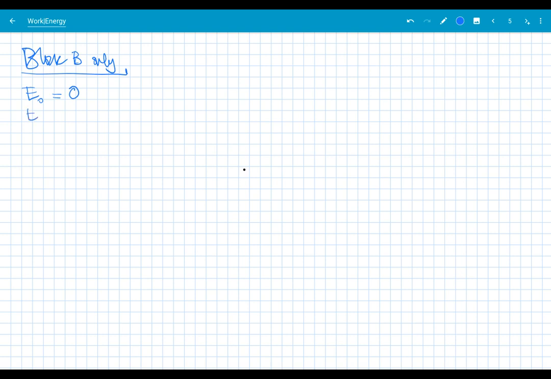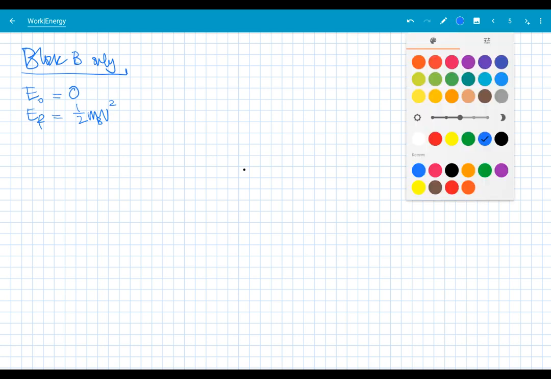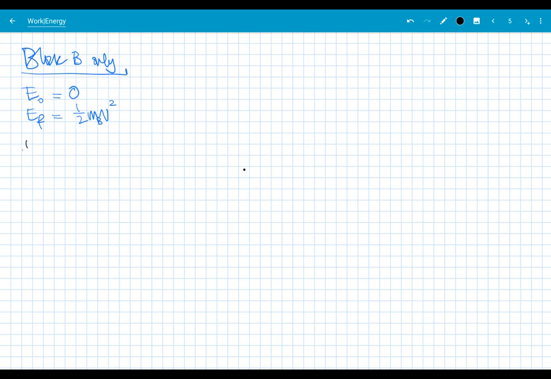And the final energy for block B is just that it has some kinetic energy. This is mass B. Great. So let's go ahead and put that in our energy equation now using the works on block B. So I'll have 1/2 m_B v squared minus 0, always final minus initial.